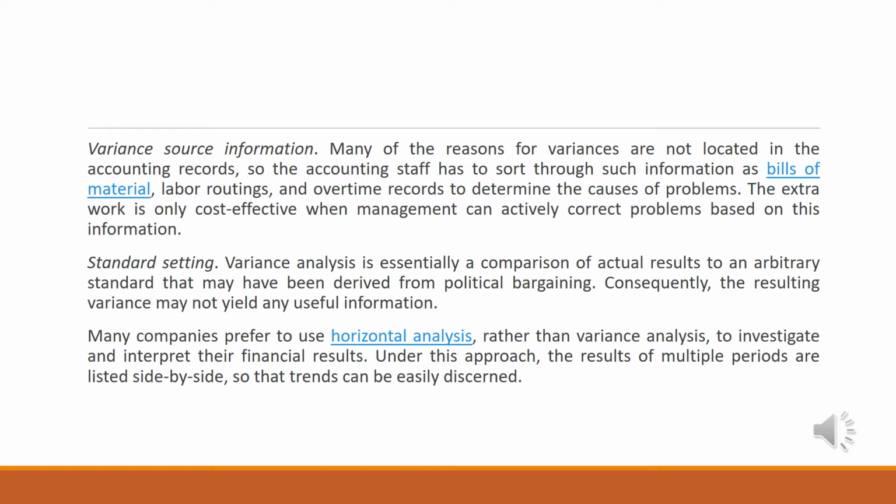Many companies prefer to use horizontal analysis rather than variance analysis to investigate and interpret their financial results. Under this approach, the results of multiple periods are listed side by side so that trends can be easily discerned.